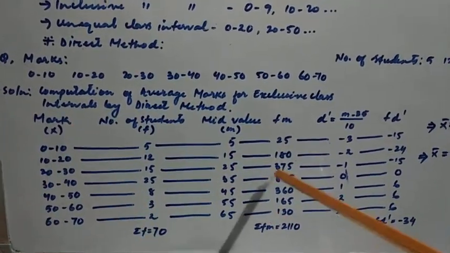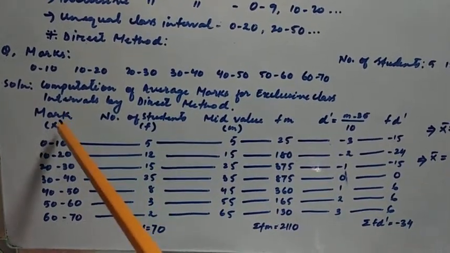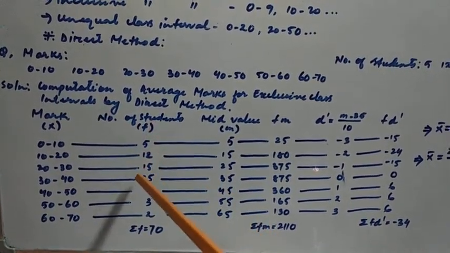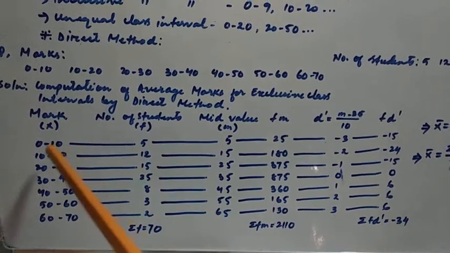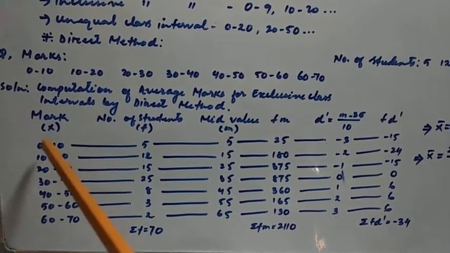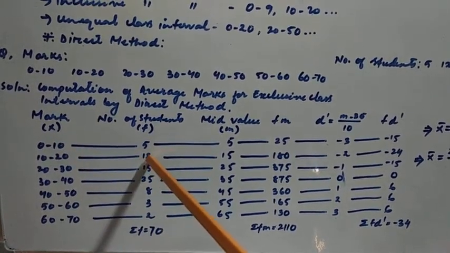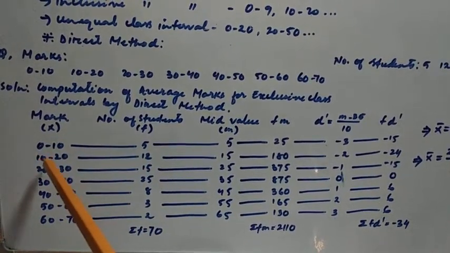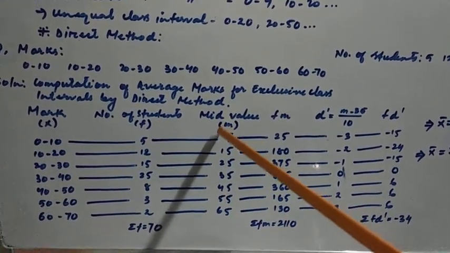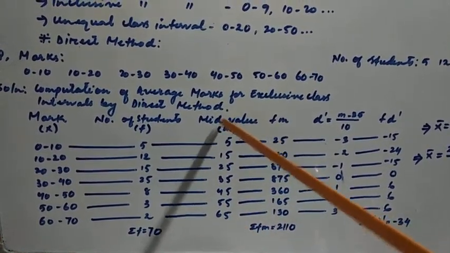So form a table like this. Marks is given here as x, and the number of students, that is frequency. Number of students would mean that there are 5 students who scored between 0 to 10, and 12 students who scored between 10 to 20. So that is frequency. And here, as I have mentioned, we have to take the mid value.